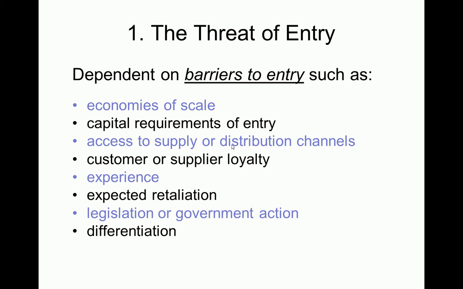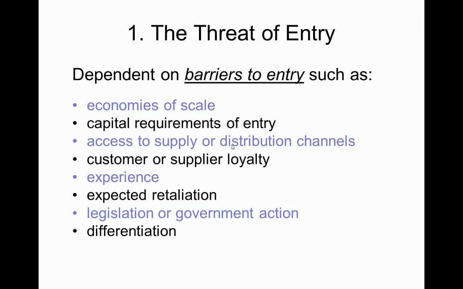Similarly, there may be very high levels of customer or supplier loyalty for existing incumbents in the industry, and that makes it difficult for new entrants. Many industries require a large amount of experience or knowledge in order to be able to operate successfully. Without that experience, there are large barriers to entry.